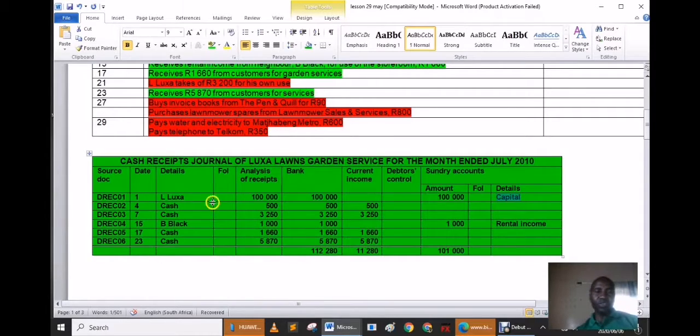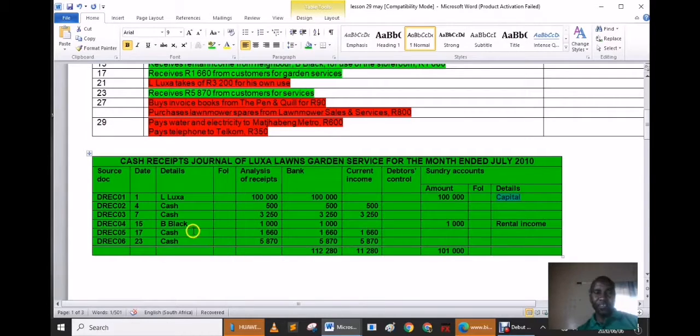The same applies to all the other times that money was being received. We have to check what it was for. If you check on these 2 occasions, on day 4 and day 7, this money was earned by rendering a service. Therefore, it is called current income.